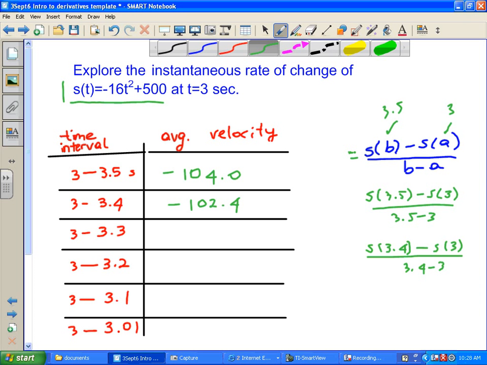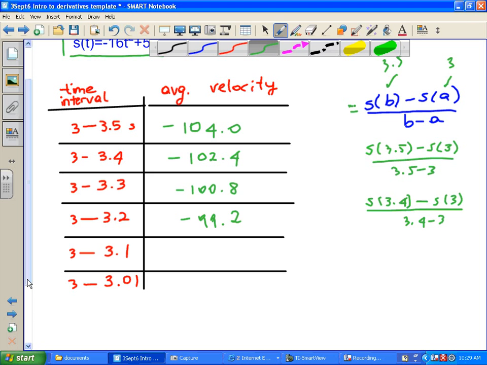Okay, the next group. Christine, what'd you get? I hear negative 100.8. Would everybody in that group agree? Okay, very good. The next one. Negative 99.2. Would everybody agree there with that number? More or less? Okay, good. The next one, 3 to 3.1.